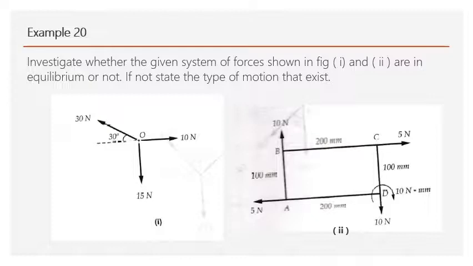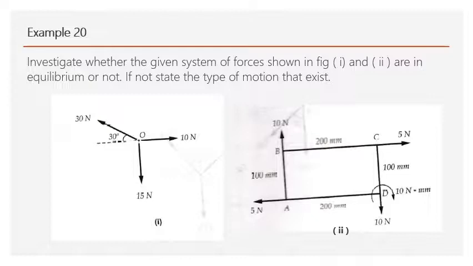If the body is to be in equilibrium, the resultant should be 0. When will the resultant be 0? If sigma Fx is not 0, that means the resultant is acting along the x direction, right? If sigma Fx is 0 and sigma Fy is not 0, that means the resultant is acting along the y direction.